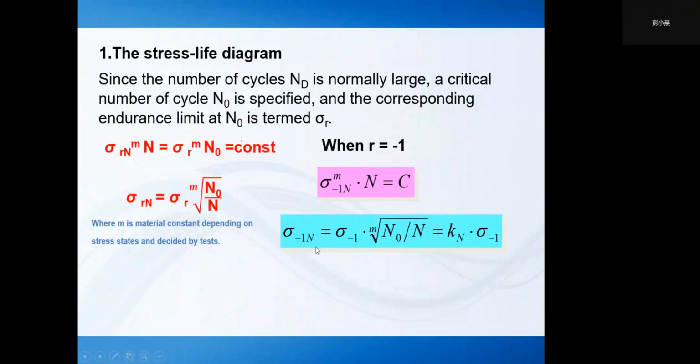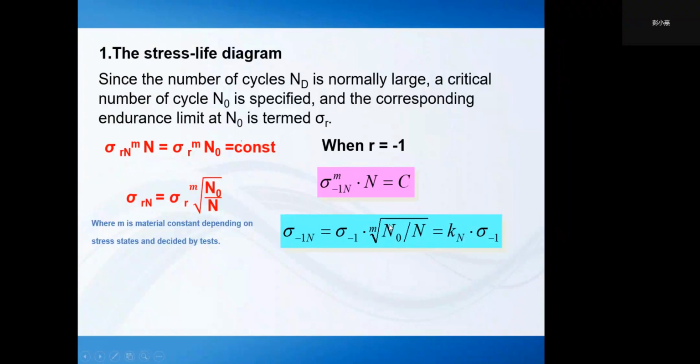So we can calculate the sigma -1N. Sigma -1N is the fatigue stress of an element with the stress ratio of -1 and under the cyclic number of N.